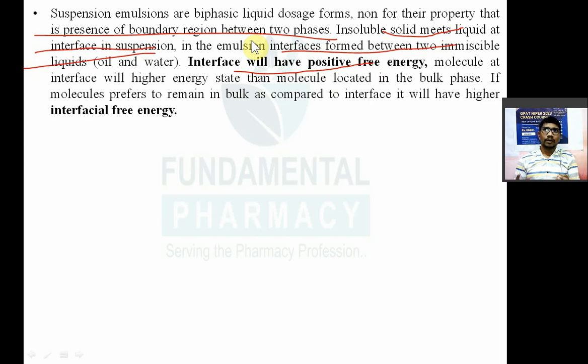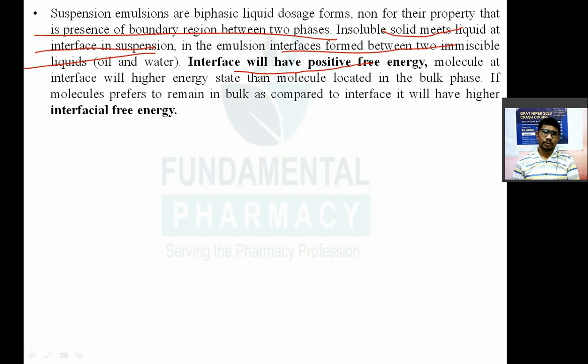That's why, at the interface, the molecules will try to attain a minimum surface area. Molecules at an interface are at a higher energy state than the molecules located in the bulk of the phase.